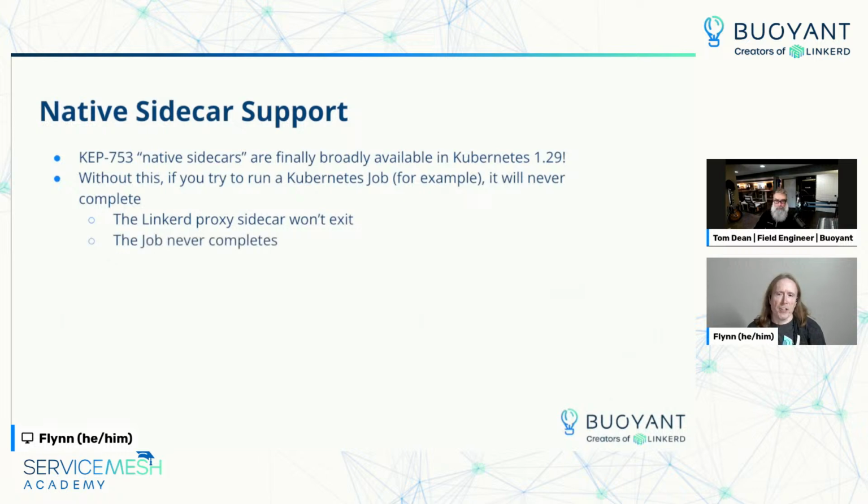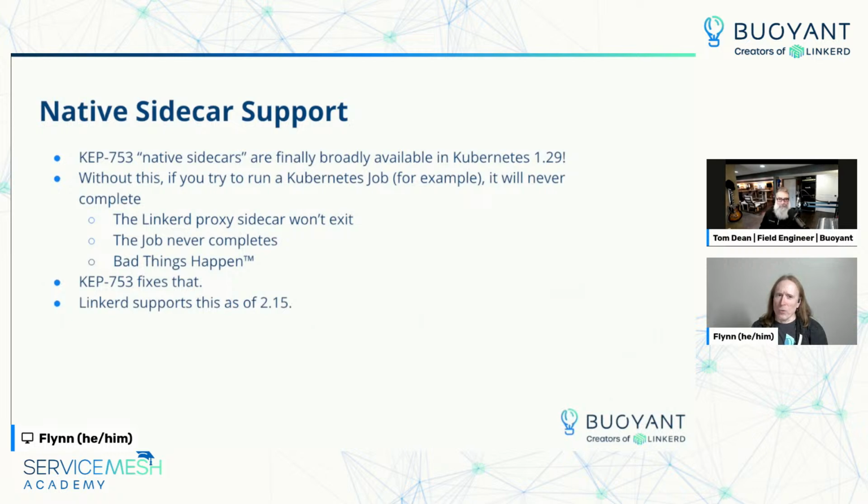So KEP 753 finally fixed that and introduced a way that you could actually just tell Kubernetes, hey, this sidecar over here, don't worry about it. Let the job complete anyway. I think it's technically beta in 1.29, which is effectively available for everybody, and Linkerd supports it as of 2.15. So we're going to show that.